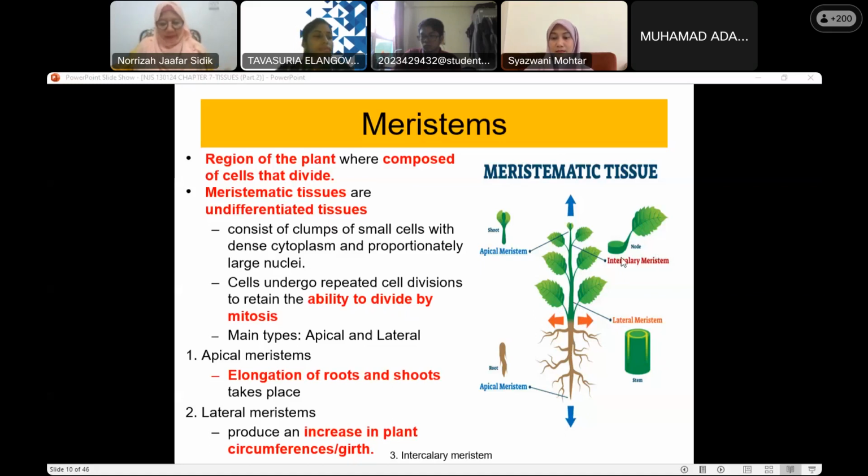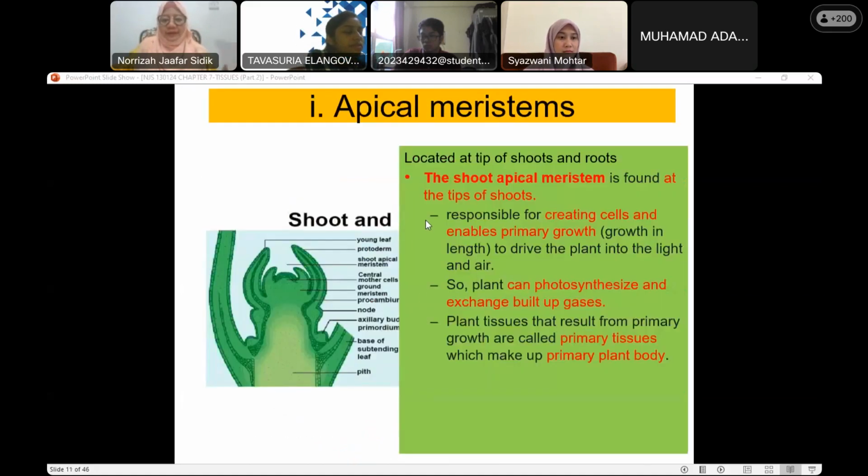If you look at these slides, we look at the apical meristem at the shoot. It is found at the tips of the shoots, where it is responsible for the primary growth, so that the plant can get light and air.